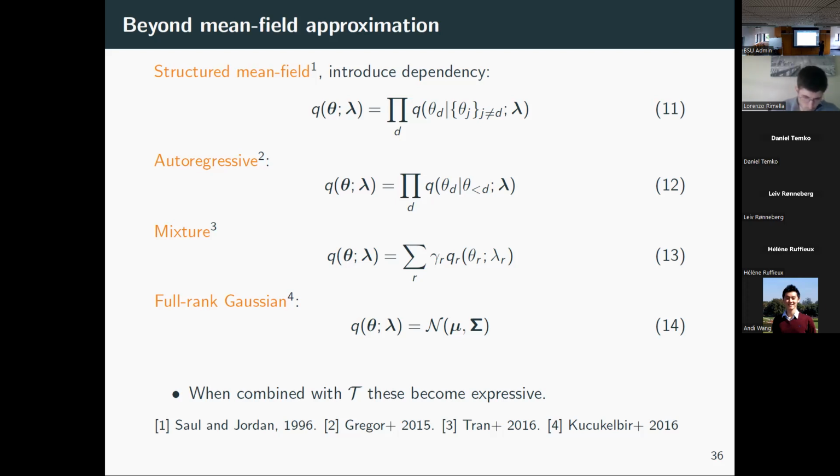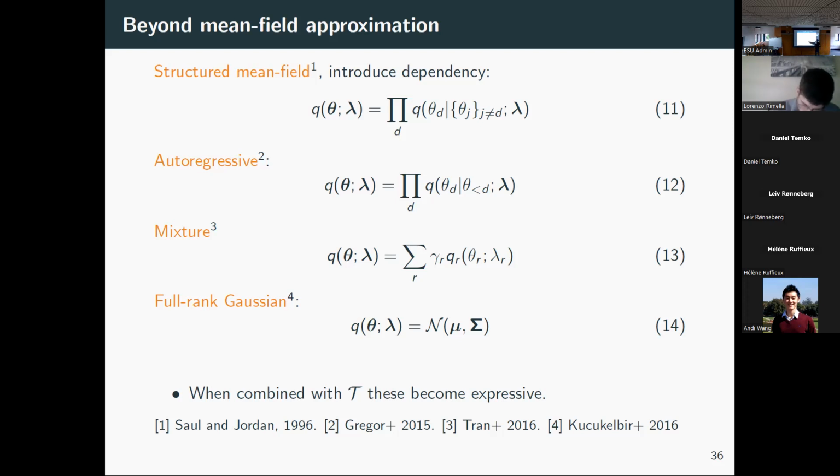Rather than having a factorized distribution, so if you have 10 components, don't do that. You use some sort of hierarchical model and introduce some sort of dependency structure. Autoregressive, clearly, for example, let's say you have a time series model. Obviously a good approximation would be an AR2 process or an AR1 process, right? So you can use those.